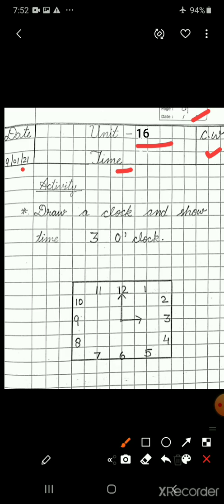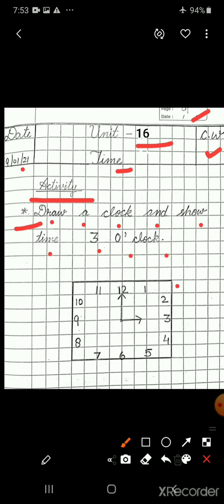Here you will have to write Activity. You will write the question: draw a clock and show time 3 o'clock. For this you will have to draw one clock. You can draw the picture of the clock in any shape.